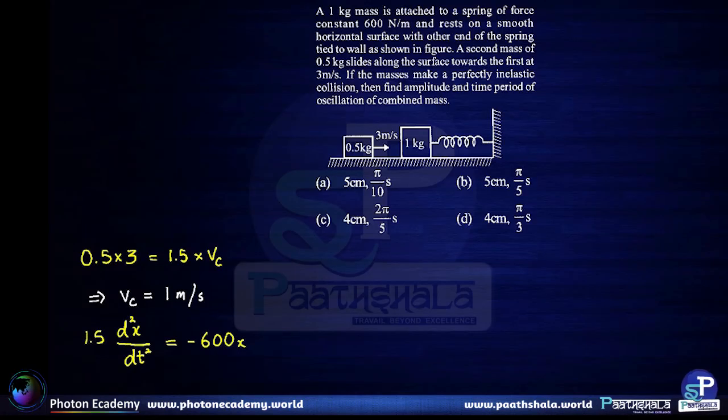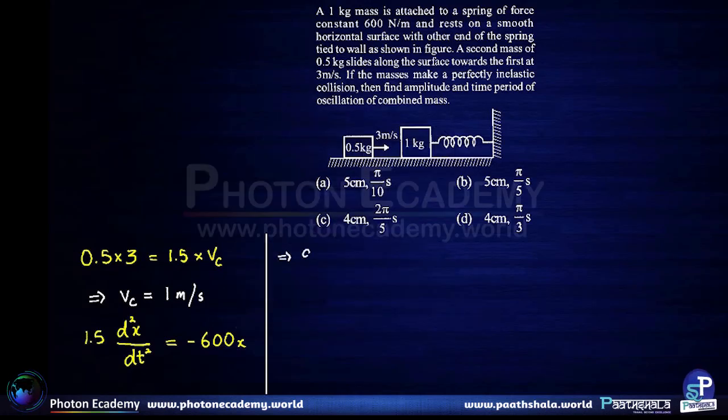We put the negative sign over here because the force applied by a spring is always opposite to its compression or extension. So this gives us d square x by dt squared is equal to minus 400x.